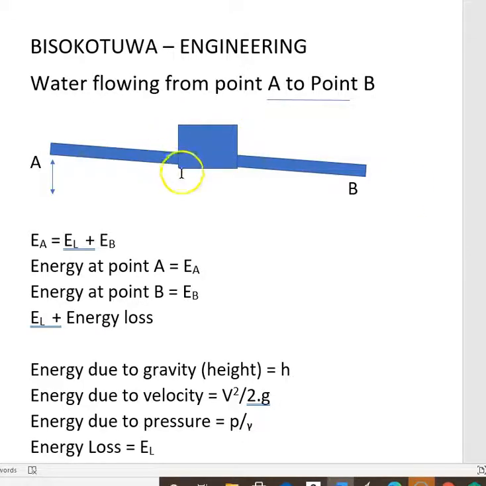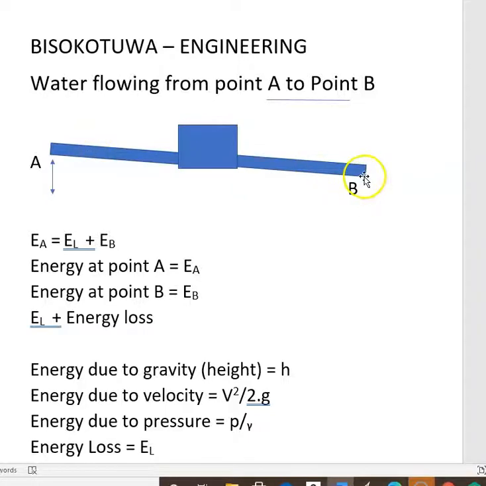Without Bisokotuwa, we would have a situation where we have a sluice and a conduit coming like that. When water goes from A to B, there's energy at point A and energy at point B, and there's a loss of energy from this conduit and this Bisokotuwa.